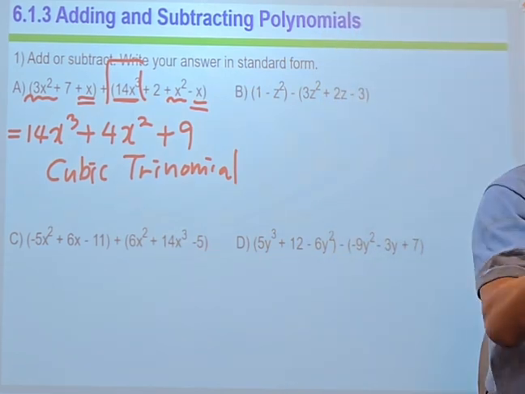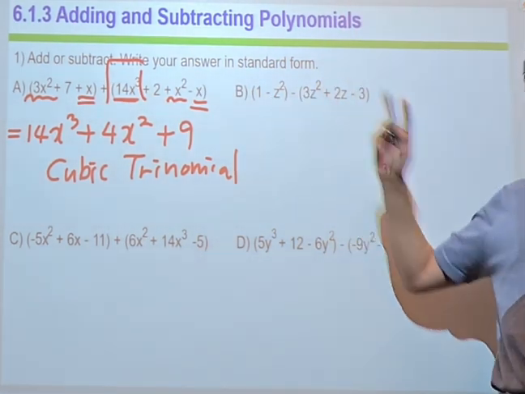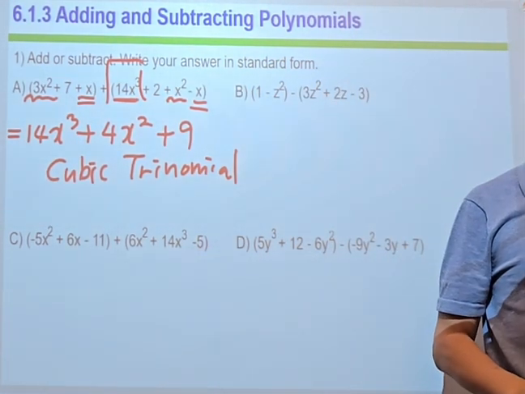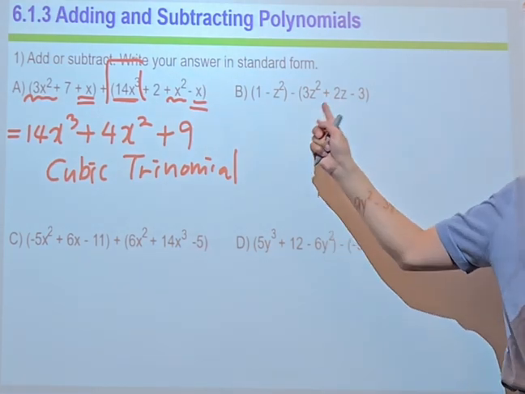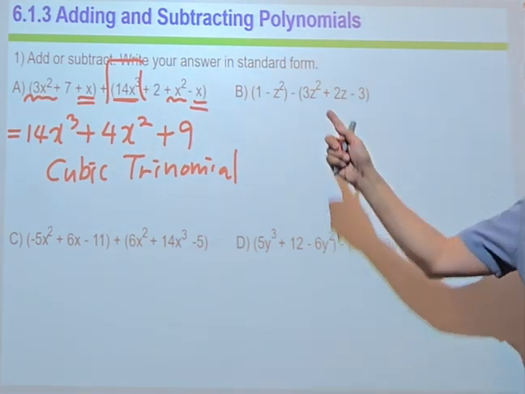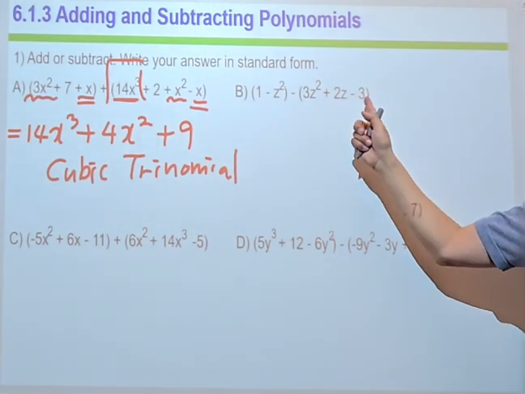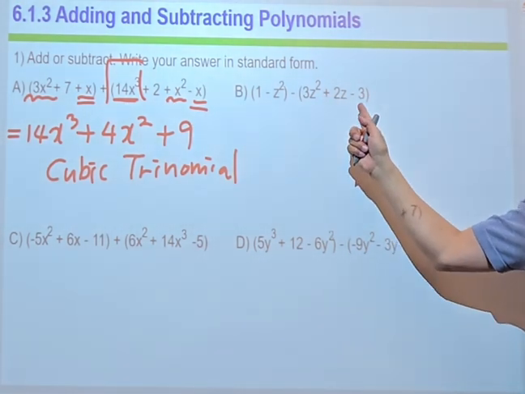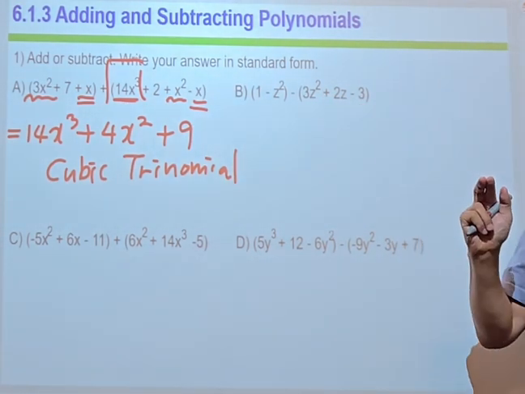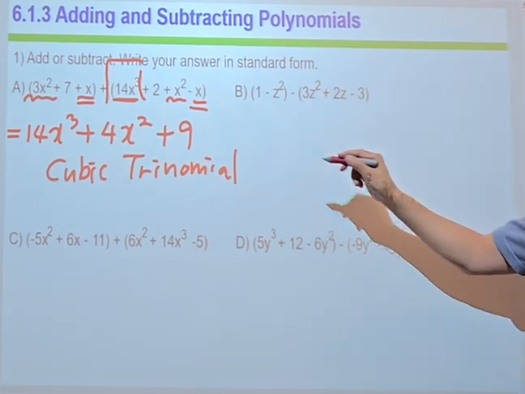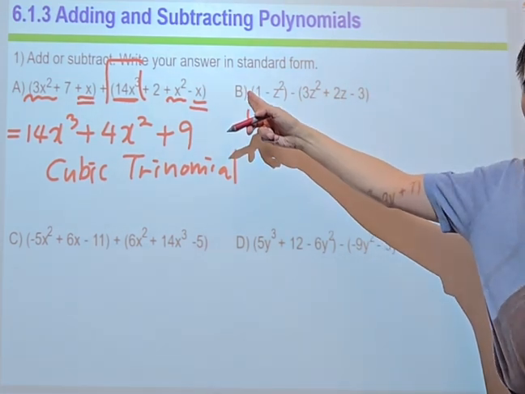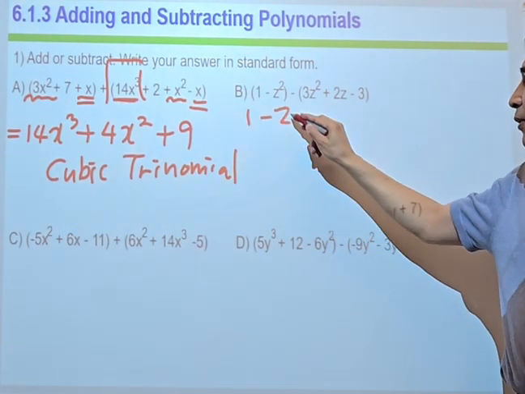But when you do subtraction, you need to be careful, right? Because I see a lot of students make mistakes on that. When there are parentheses, we need to get rid of the parentheses first. Otherwise, you need to calculate inside the parentheses, but there's nothing you can calculate, right? So we need to get rid of these parentheses. But when you get rid of parentheses, you need to be careful, especially when there's a negative sign. This one has a plus sign in front, so you can just get rid of the parentheses right there.